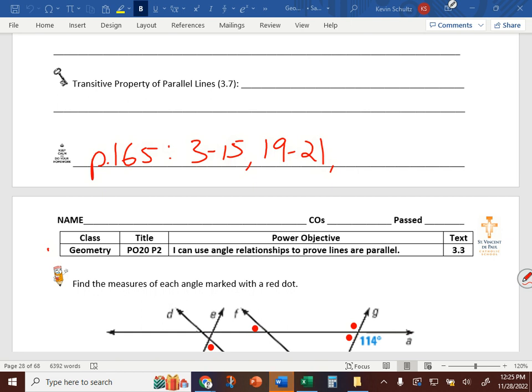I'm punishing the group. 28 and 35. That's our math.